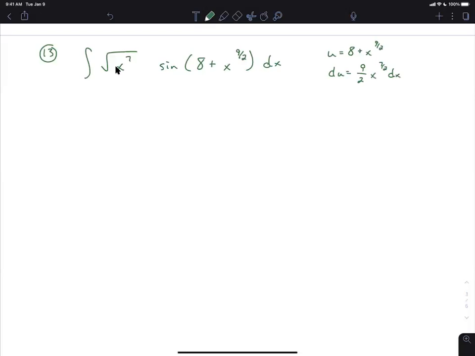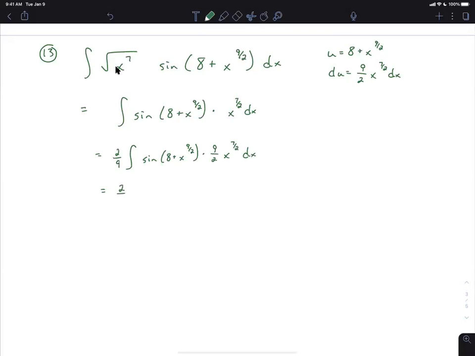So I can rewrite this as sine of (8 plus x to the 9/2) times x to the 7/2 dx. And then I needed 9/2 inside. So I multiply here by 9/2 and multiply outside by 2/9.